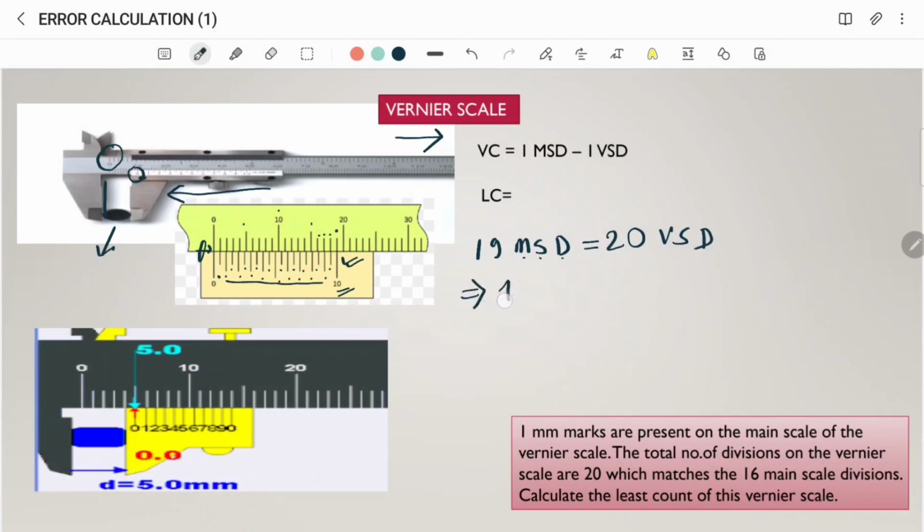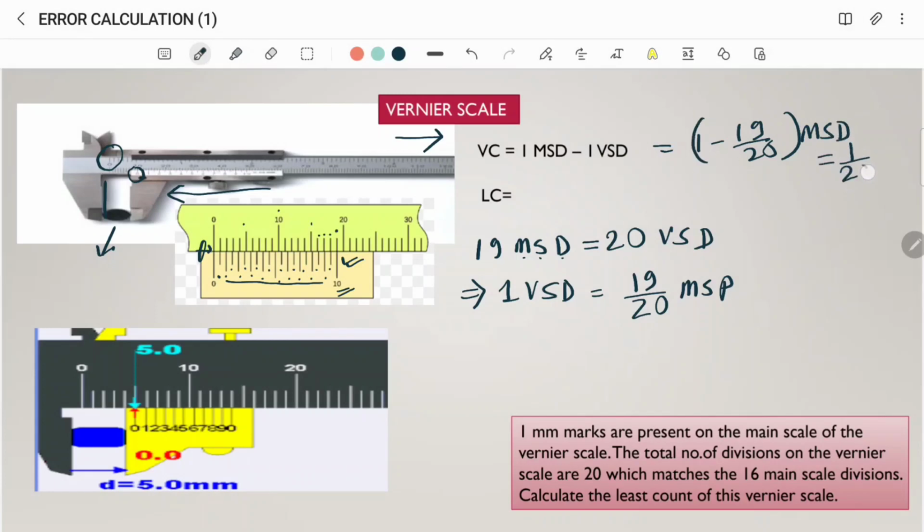That means one vernier scale division is equal to 19 over 20 main scale division. So the vernier count can be written as 1 main scale division minus 1 vernier scale division, expressed in main scale division as 1 by 20th of the main scale division.